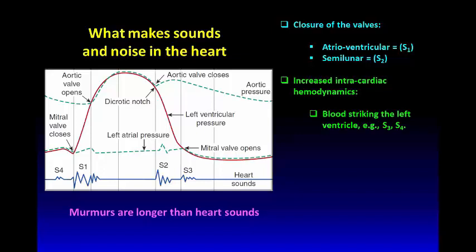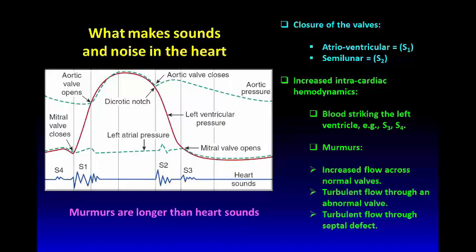When there is increased intracardiac hemodynamics, we might also hear S3 and S4 with the stethoscope, and they are also detected with phonocardiography. So they can be heard in normal subjects. When there is increased intracardiac hemodynamics, this might result in abnormal heart sounds.